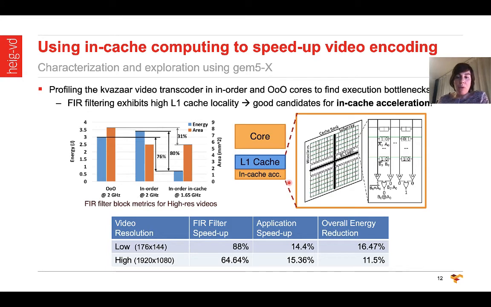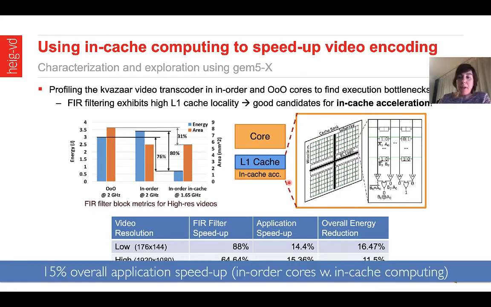For both low and high resolution videos, we were able to enhance the performance and reduce the energy of the execution when picking the right type of architecture. By the right type of architecture, it was, for instance, in-order cores with in-cache computing for the execution of the encoding, and we were getting a 15% overall speedup for the application.